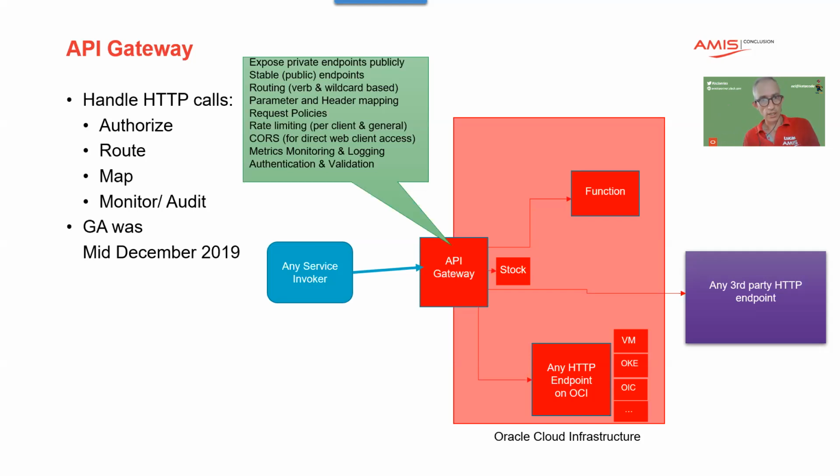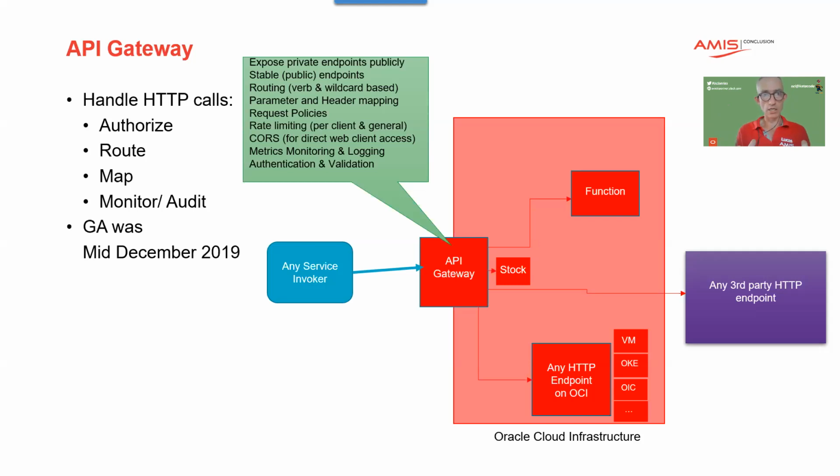The routing is defined based on verbs, wildcards, and path. And we can use parameter and header mapping. We won't go into all the details today, but these are all the things that you probably would expect from an API gateway as well. We can define a number of request policies, and one of these is rate limiting.